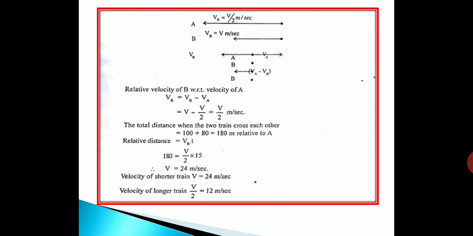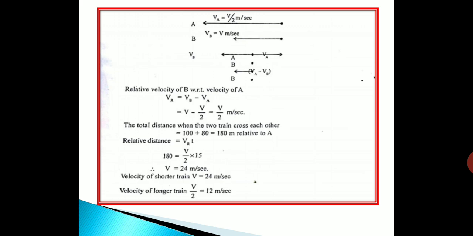Now, in the given data, it is mentioned that 15 seconds are required to overtake. That means that the 180 meters distance which train B will cover to overtake train A completely is done in how many seconds?